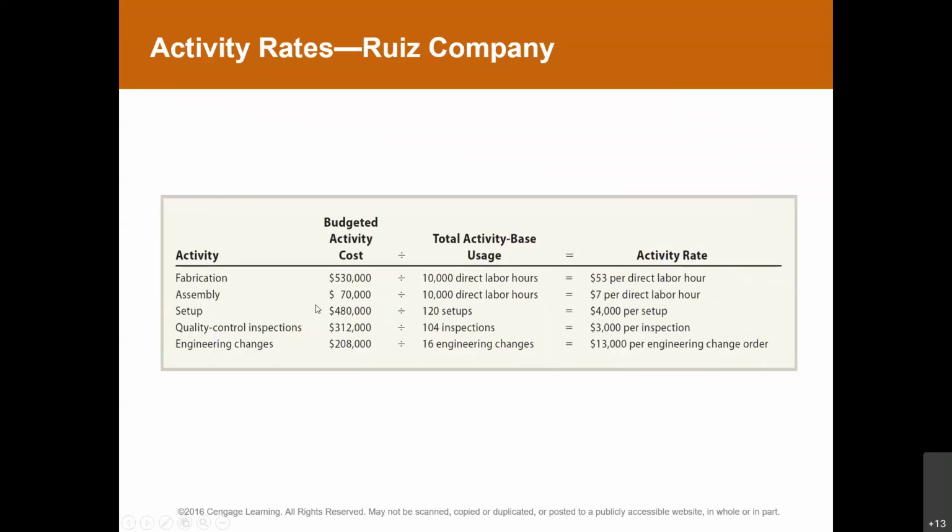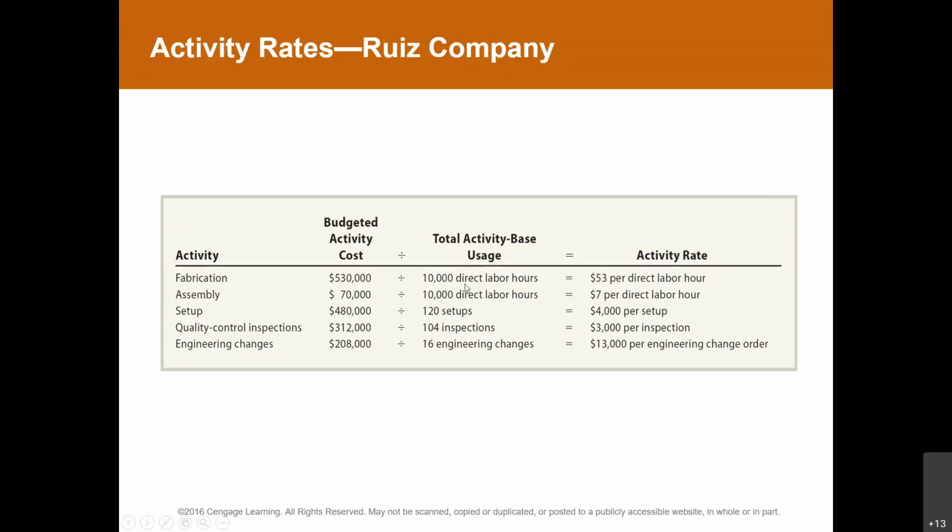Now, what we do here for activity-based costing is we allocate the budgeted activity cost to the activity rate by dividing the budgeted activity cost by the base. So 530,000 was allocated for fabrication.